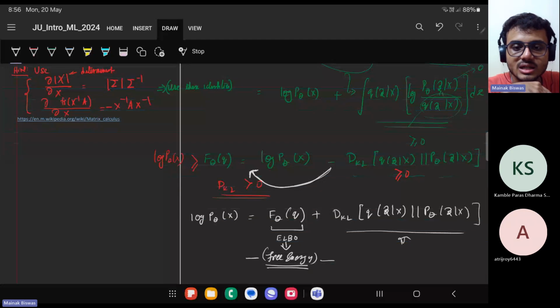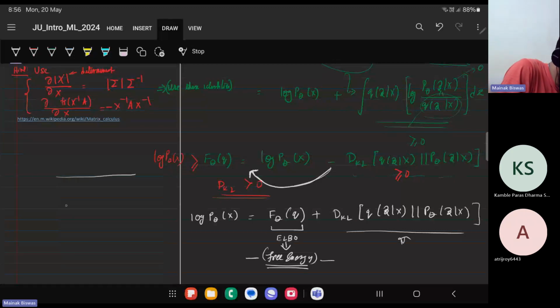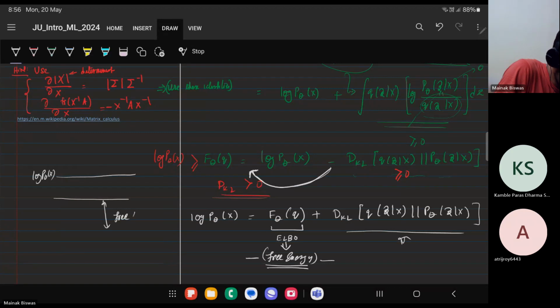Also in machine learning people try to do that. So if you have log p theta of x, you have it in two terms. One is your free energy, or your ELBO, and the other term is the KL divergence between q and p theta.